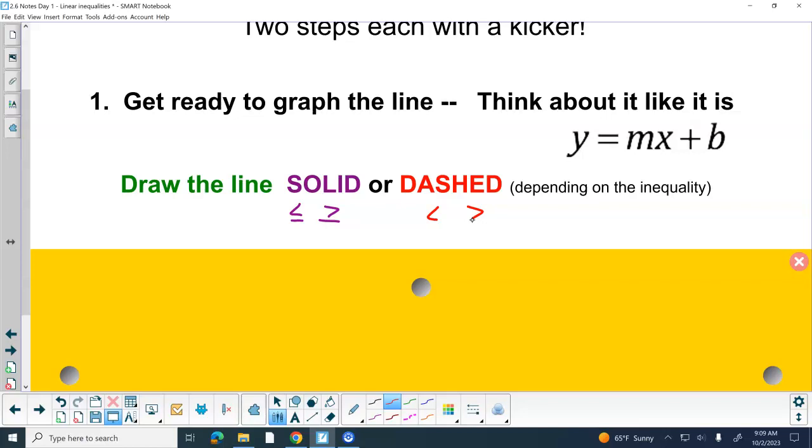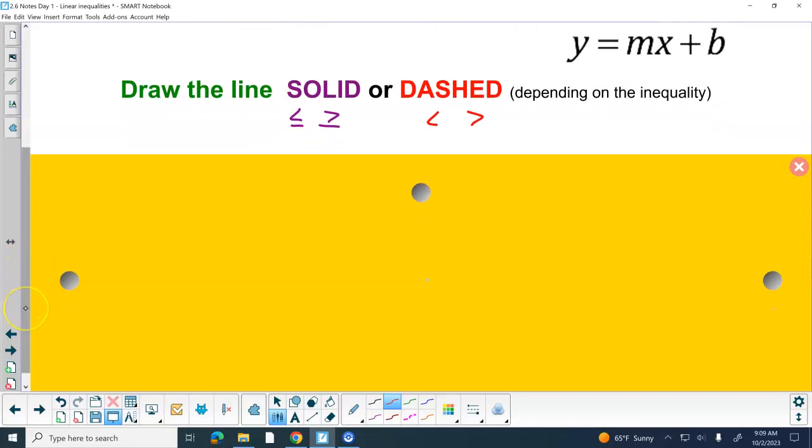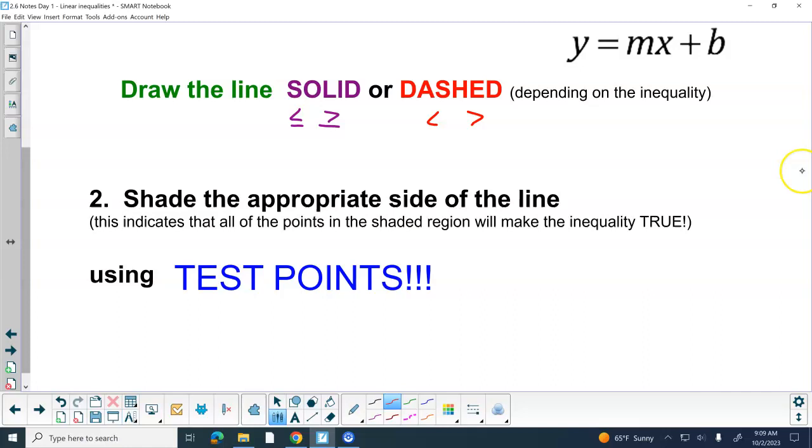Then, kicker number 2. After you get the line on your graph, you're going to have to shade the appropriate side. Because when we just graph a line, that's only the points that make that equation true.